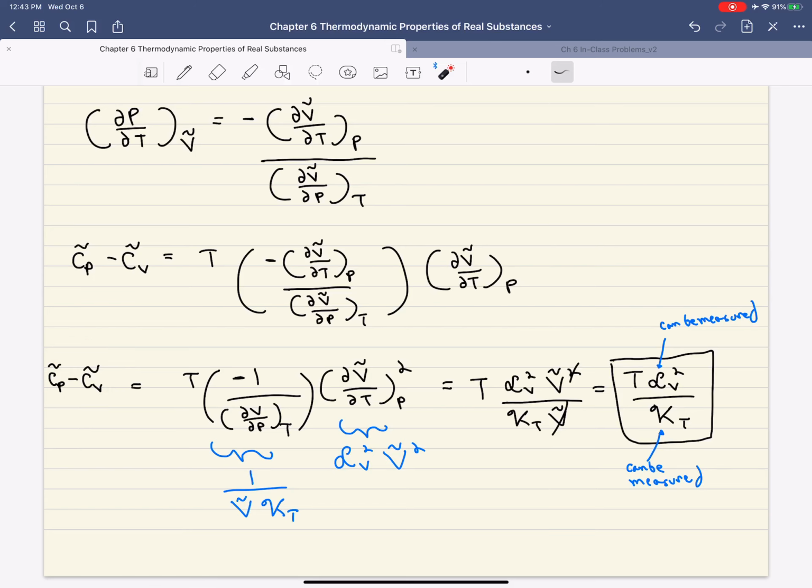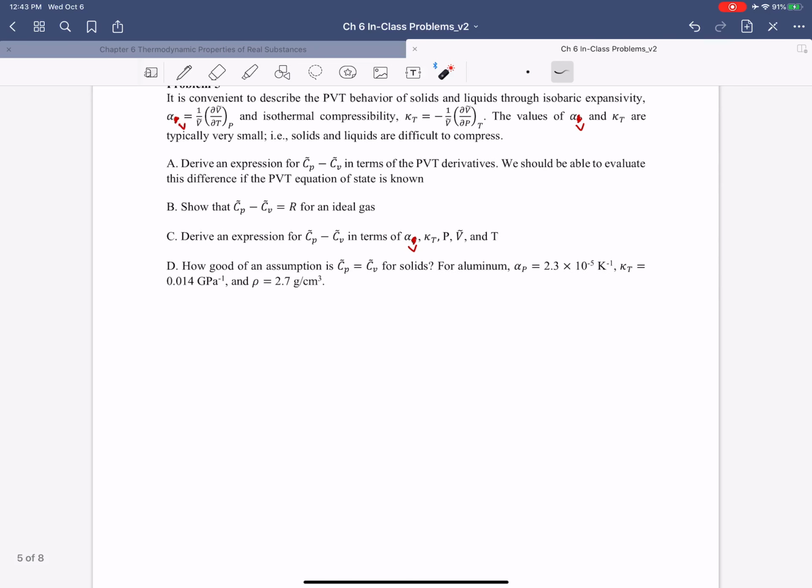And that's what part D of the problem asks us to do. It asks us to evaluate how good the assumption is that Cp is equal to Cv for a solid. We do this for aluminum, where the values of alpha and kappa T are known, and also the molar volume as well.